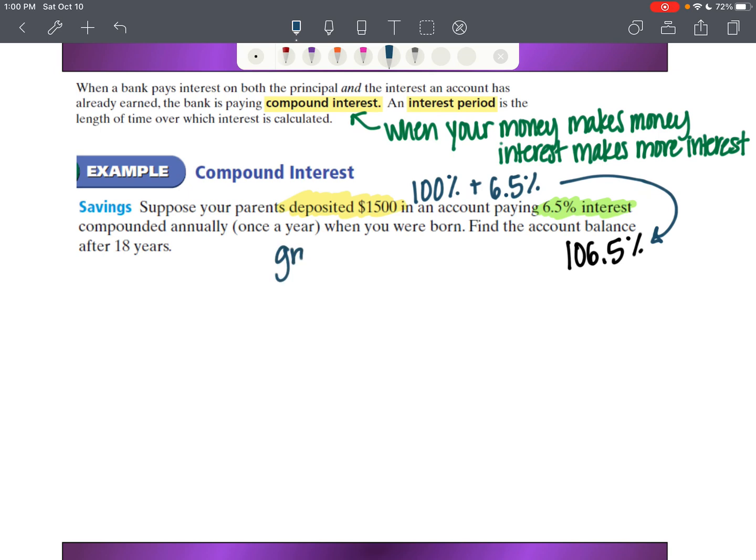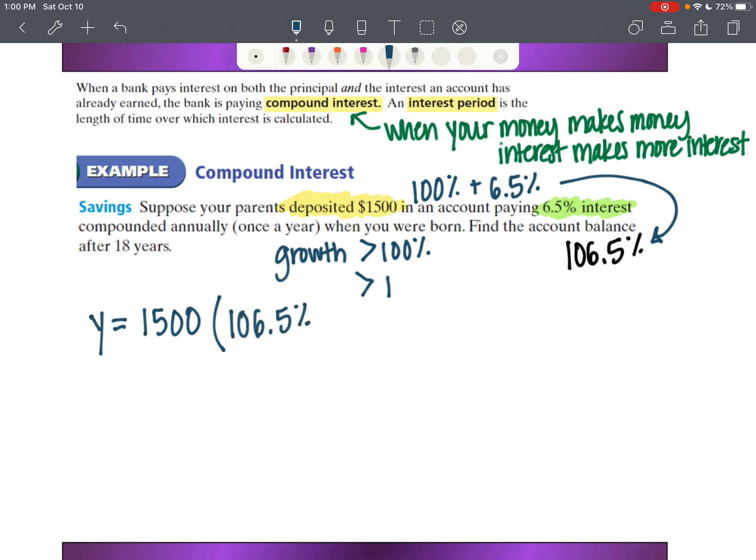This is growth. And remember that growth is greater than 100%, which means it's greater than 1. So our equation is going to be y equals our initial amount, 1,500, times the quantity 106.5% raised to the x power.